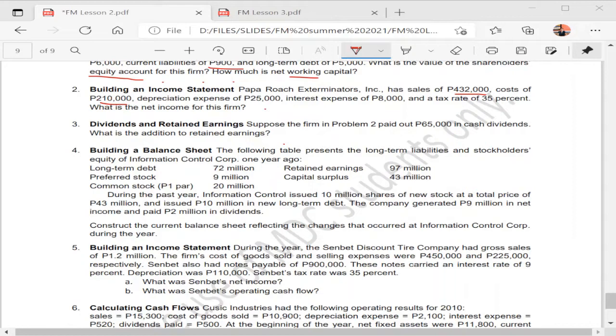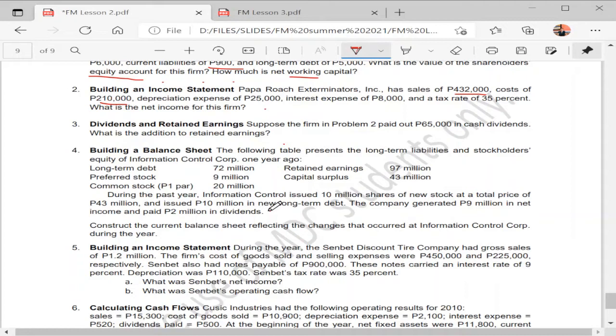The company issued 10 million shares of new stock. The total price is 43 million, and issued 10 million in new long-term debt. So what will be the treatment for the new long-term debt? Is that addition or ignore? What will happen if you're going to issue a long-term debt?